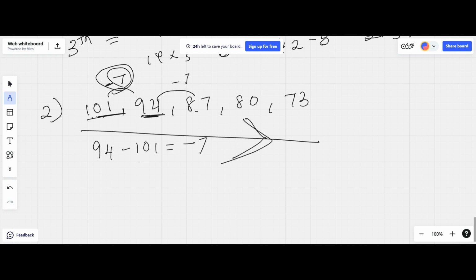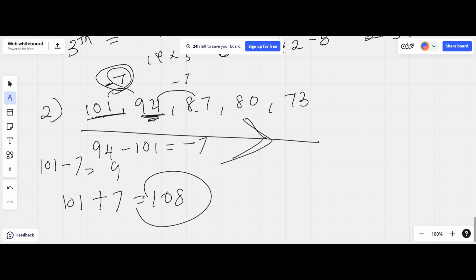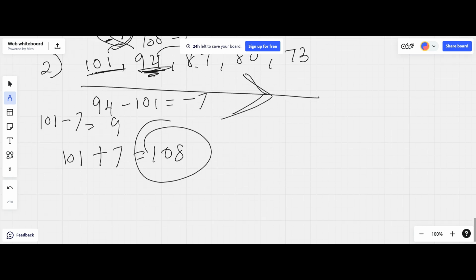Why? It means 101 minus 7 is 94. Not 107. 101 plus 7 would be 108. If it is 108, it is plus 7, but it is 94 here, so it would be minus 7. Here you need to be a little careful.